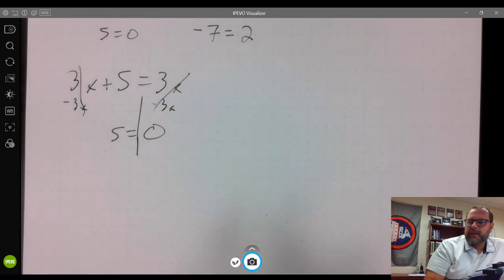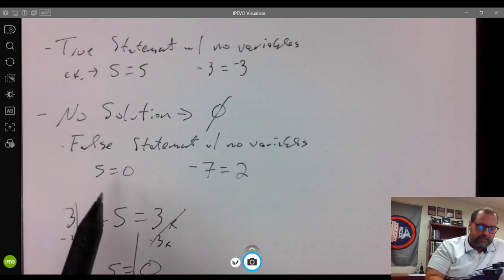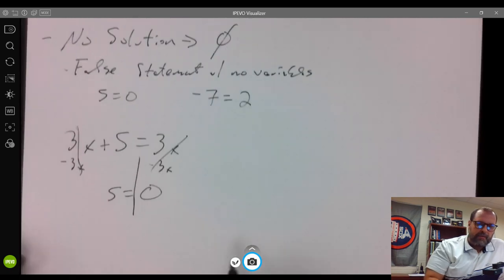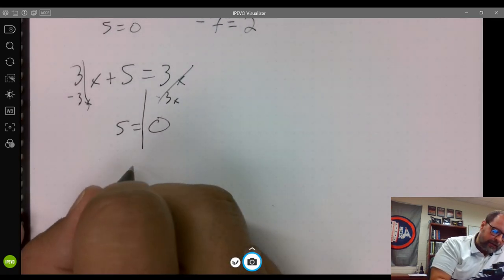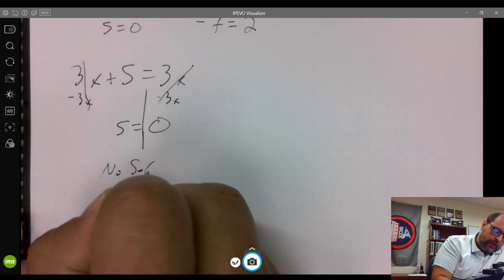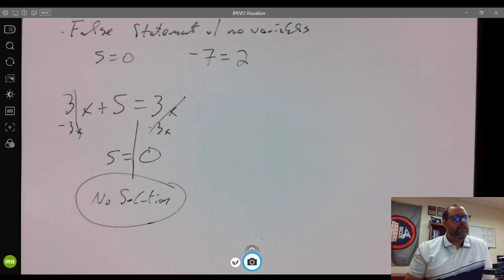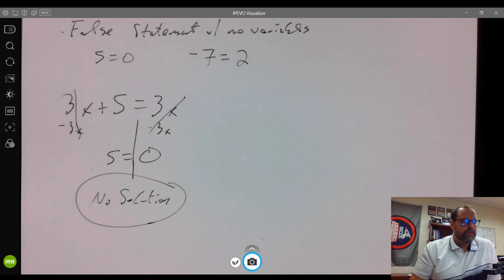I'm done. There's nothing else to do here. I have 5 equals 0. The variable is gone. It's a false statement with no variable. So my answer is no solution. And you have to write that out for no solution as your answer.